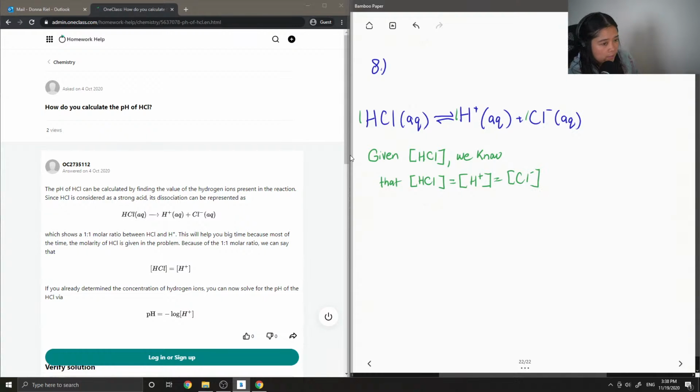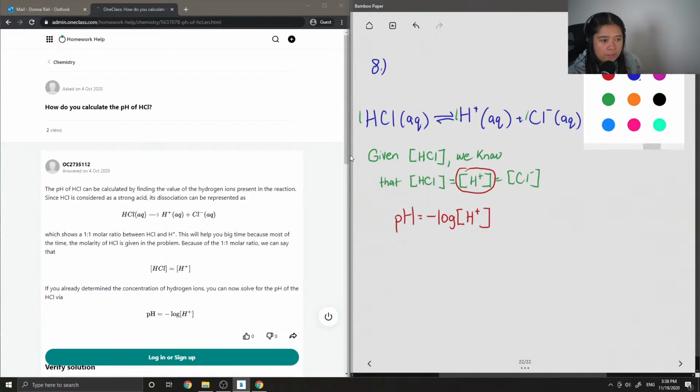So what's important for calculating the pH is knowing the concentration of protons that are dissociated in the solution. And this is important because in order to calculate the pH, this equation is actually negative log of the concentration of our H+.